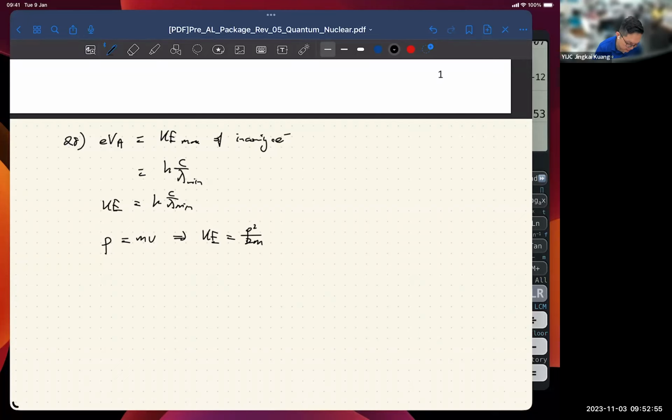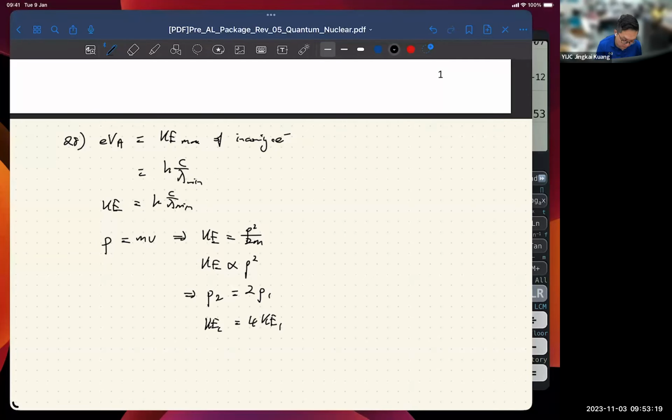So KE is proportional to p squared. That means if my p2 is 2 times p1, my KE2 is equal to 4 times KE1. So my kinetic energy quadruples.